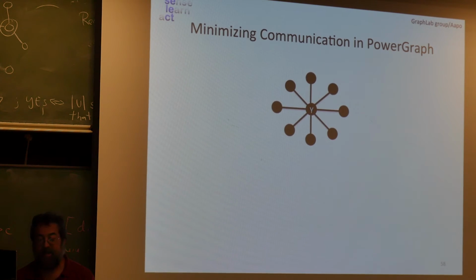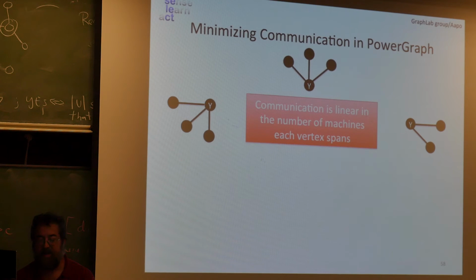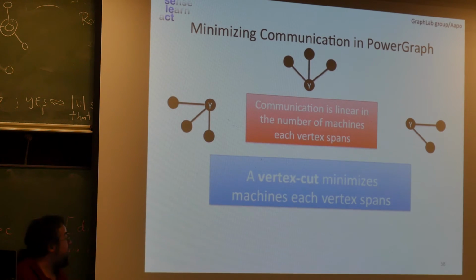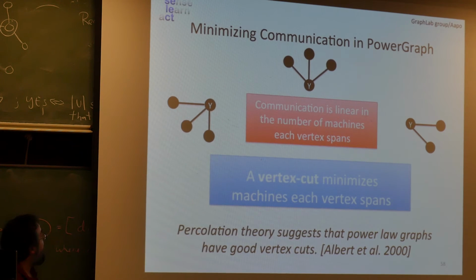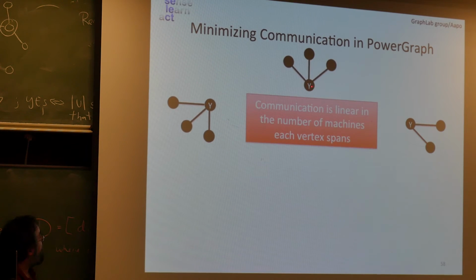The other thing that they looked at in PowerGraph is, as far as I know, these were the first things where they did some kind of systematic experiments of how you partition the graph. So what you'd like to do is partition it so that the number of shared nodes is small.